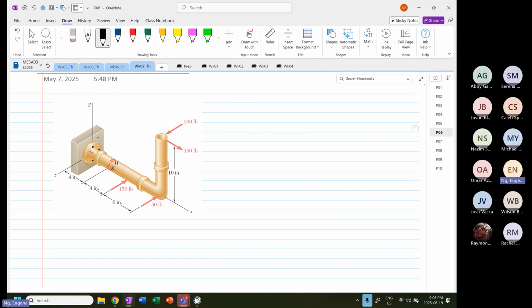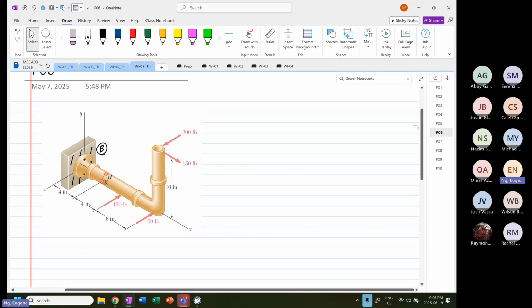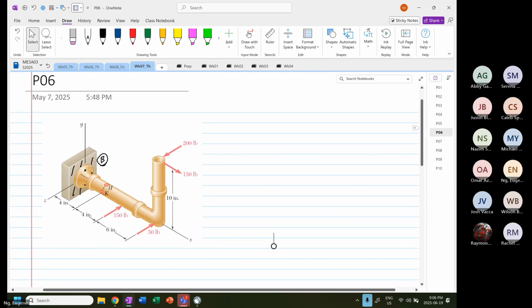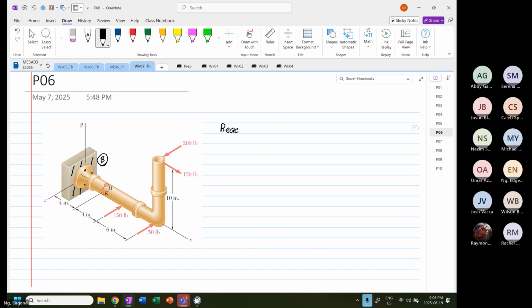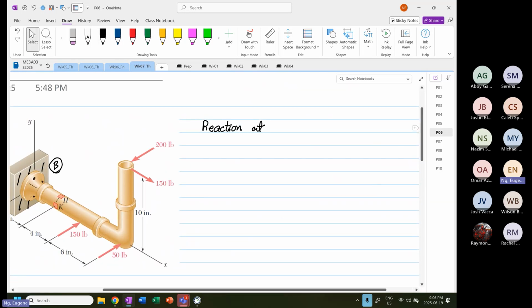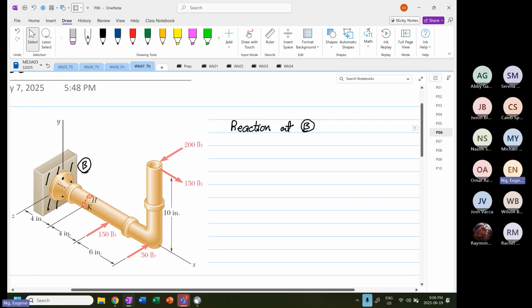I'm going to call this entire location our B location, our point B. So over there is our point B. The different thing we're going to do now is look at the reaction at point B, and the answer will be the same. It has to be the same.